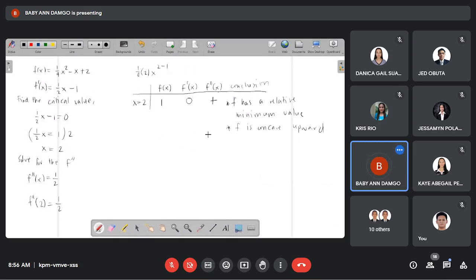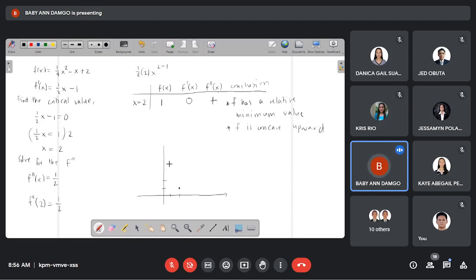Okay? So we can now graph here. So this is 2, 1. So 1, 2, 1, 2. So 2, 1.